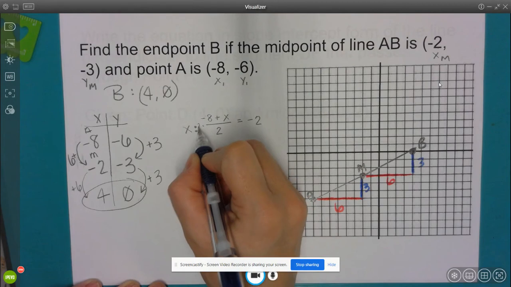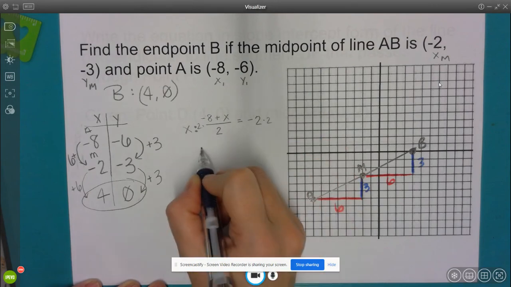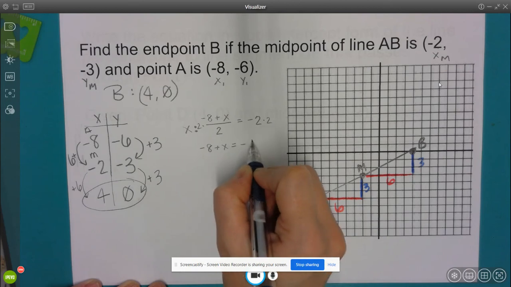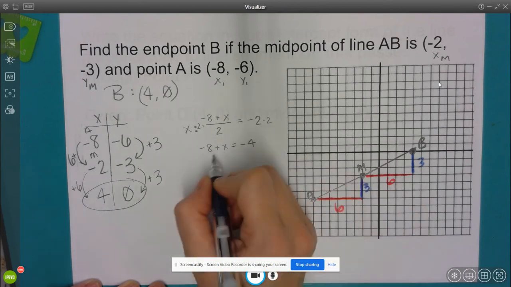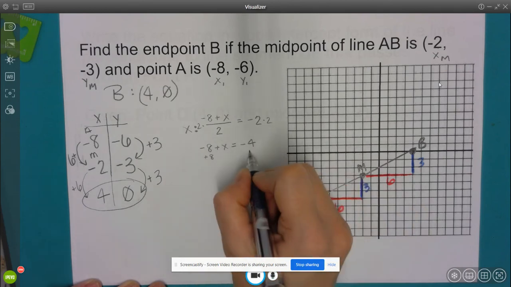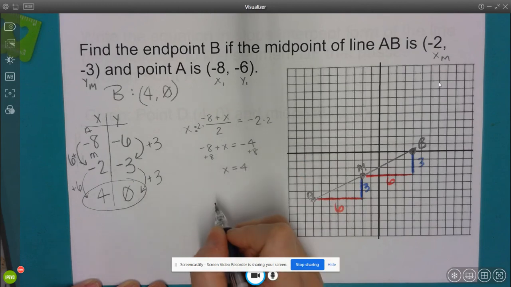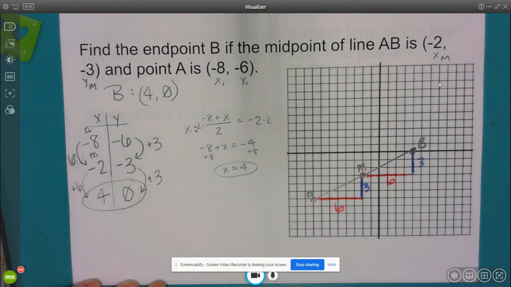So I'm going to multiply by 2. So I'll have -8 plus X equals -4. And then I'll add 8 and add 8, and X becomes 4.